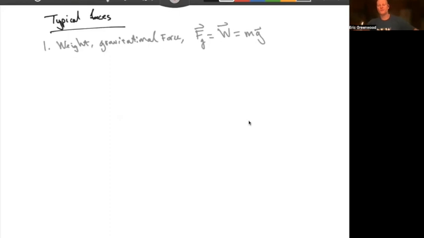Now, one thing to pay attention to with the weight, unlike mass, is that weight is dependent on where you are, which means that your weight will change depending on where you go. For example, if I'm here on the surface of the Earth, I have a particular weight, but if I go to some place like the moon, which has 1/3 of the gravitational acceleration that we have here on Earth, then my weight has decreased by 1/3.